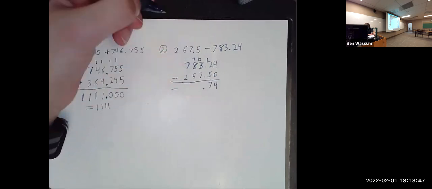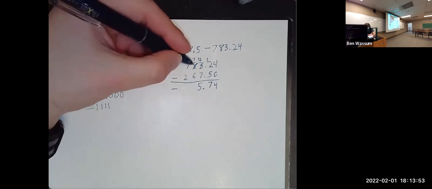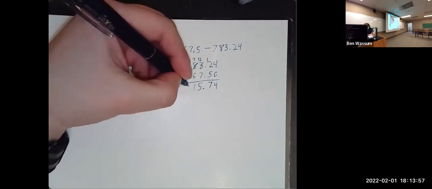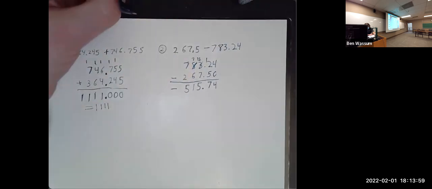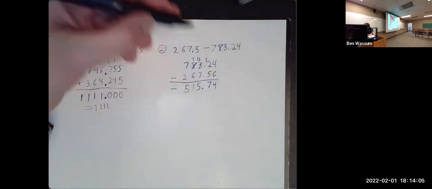That becomes a 7 right there. That becomes a 12. 12 minus 7, we have a 5. 7 minus 6, we have a 1. And 7 minus 2, we have a 5. So we have negative 515.74.